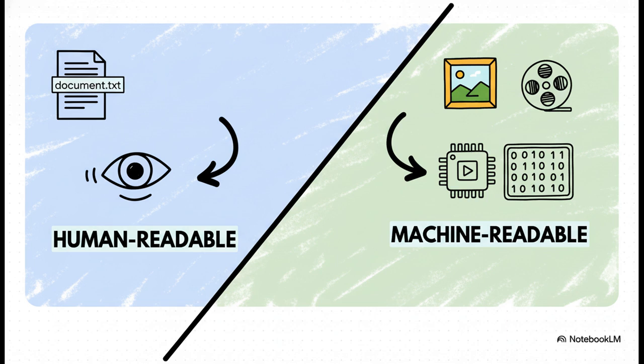Python helps you out by handling all the complicated text encoding stuff automatically. On the other hand, you have binary mode, or B. This is for everything else: images, videos, program files. When you use binary mode, Python doesn't try to interpret anything. It just reads and writes the raw, exact bytes of the file. And that's absolutely crucial for not messing up the data. You can even combine these, like RT for read text or RB for read binary.